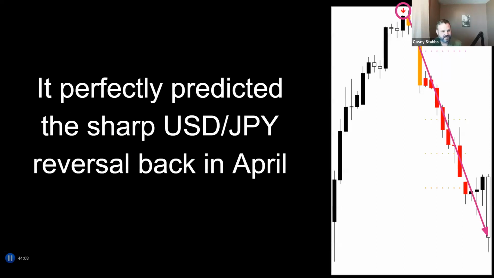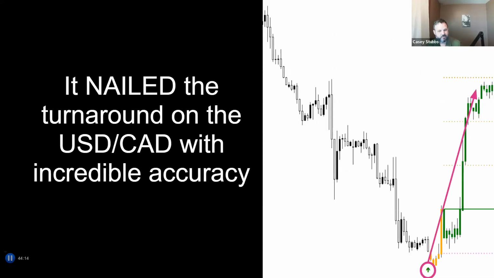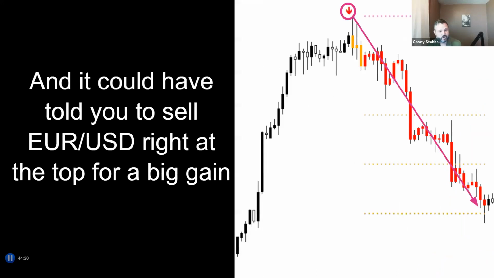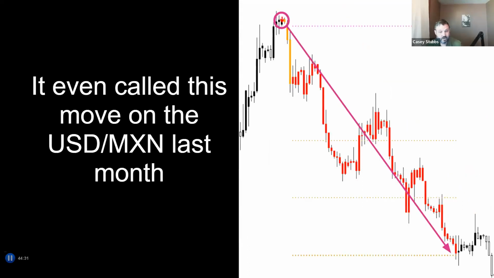It perfectly predicted the sharp USD yen reversal back in April. And it nailed the turnaround on the USD CAD with incredible accuracy. It could have told you to sell the euro dollar right at the top for a big gain. It even called this move on the USD Mexican last month.